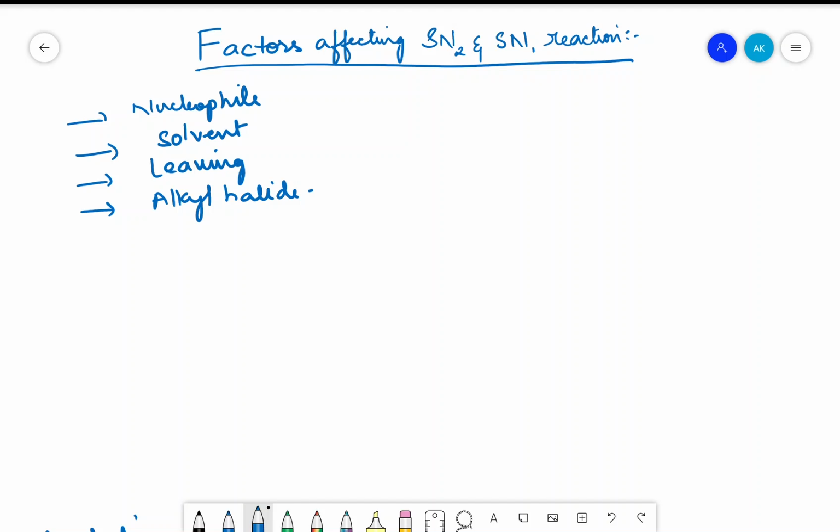When the solvent is polar aprotic, we are going to see that it favors SN2 reaction, which is easily shown by primary alkyl halides.